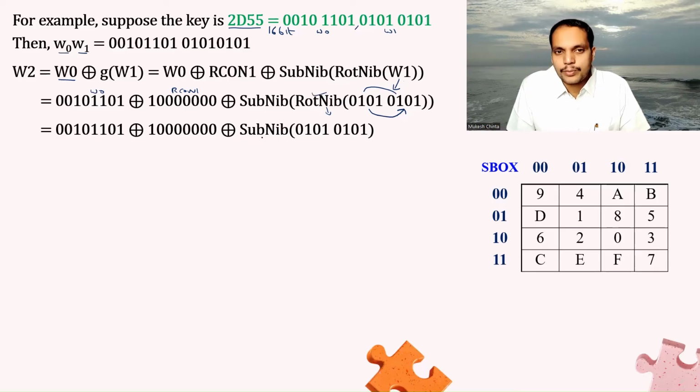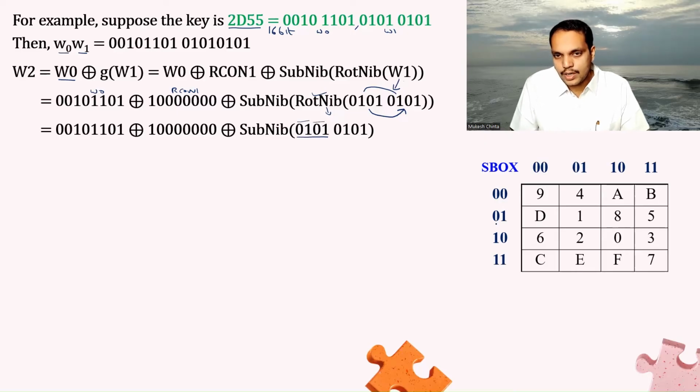Now it is saying substitute nibble of 0101 and 0101. What you have to do is use the S-box in S-AES. If I give 0101 as an input, the first 2 bits will tell you the row and the remaining 2 bits will tell you the column.